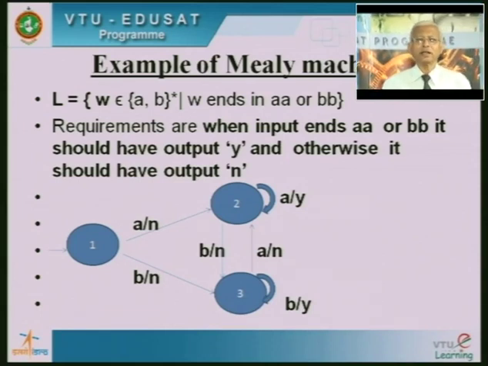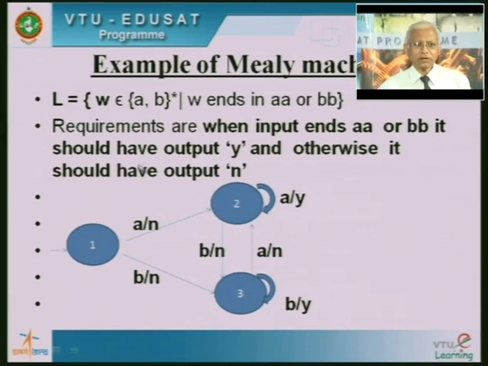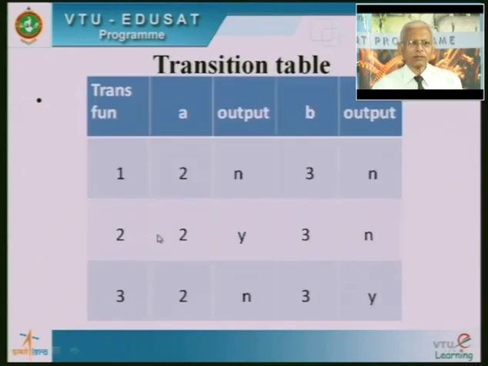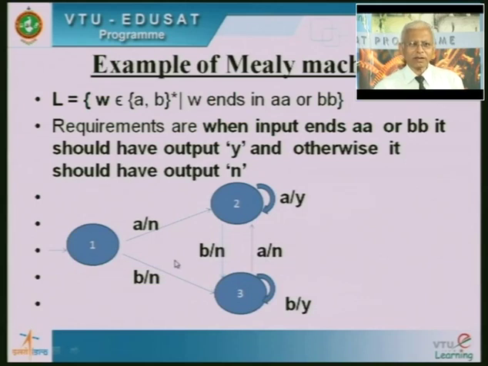The requirement is whether the input ends in AA or BB, then it will reach the final state as usual. So, if AA or BB is there, then the output should be y, otherwise the output should be n. That means when you input a simple A, it should be no. The output alphabet is yes or no, y or n.